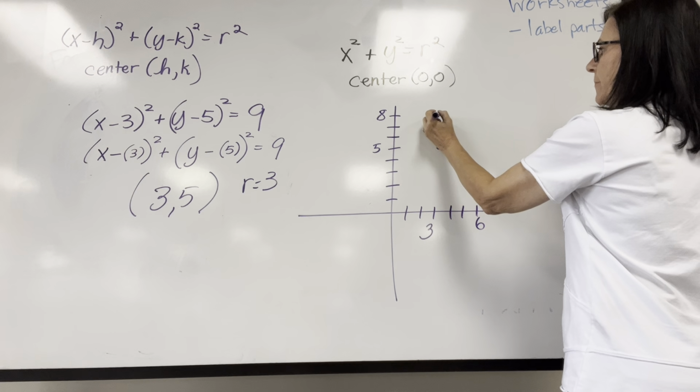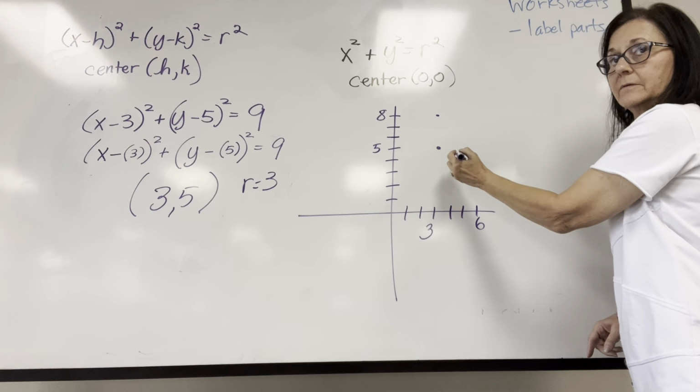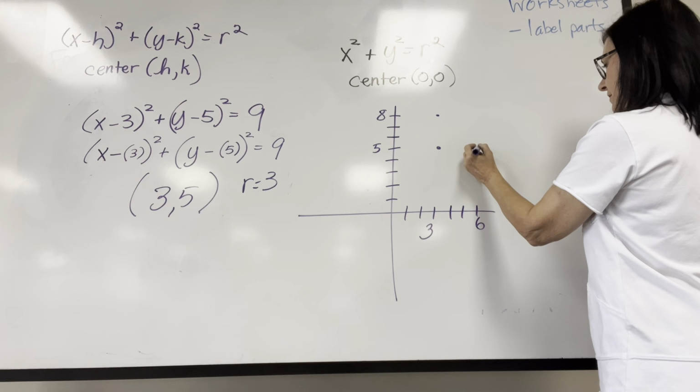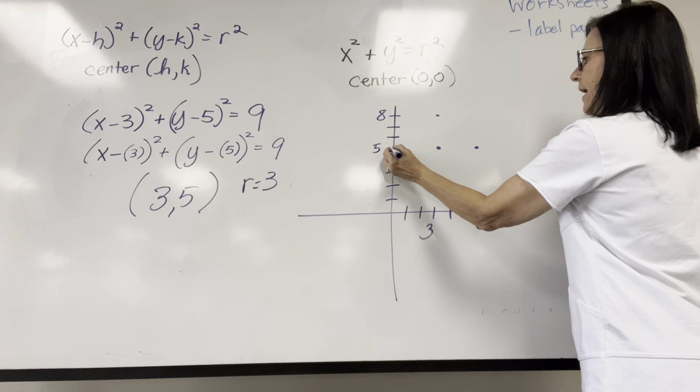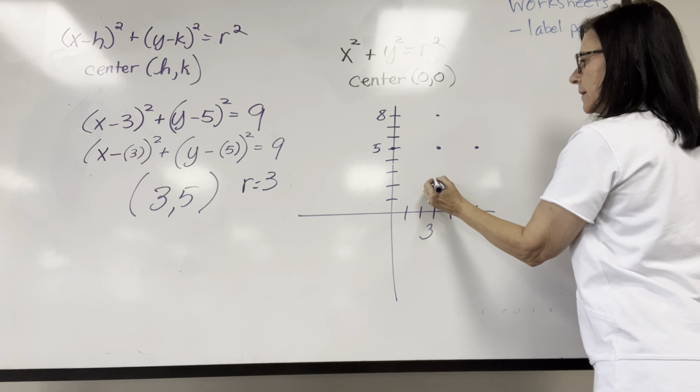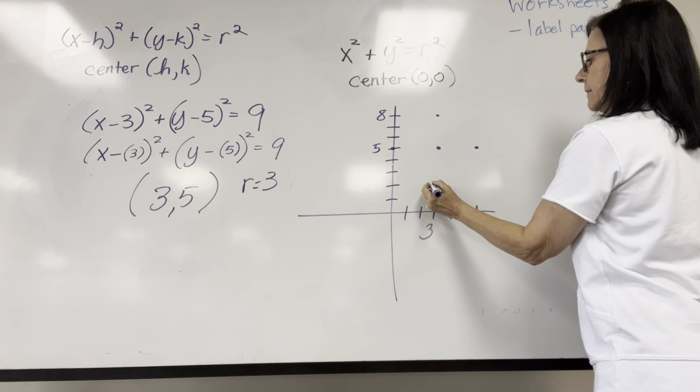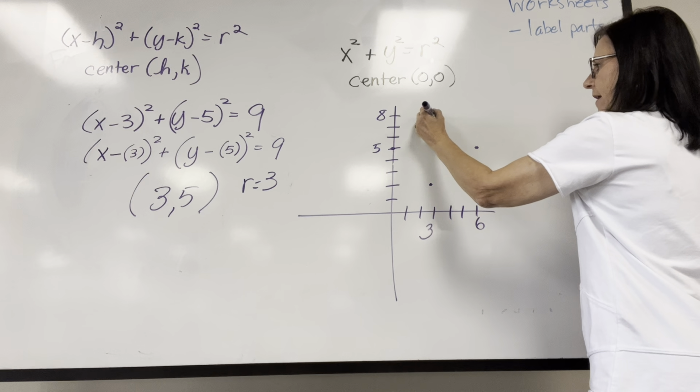I'm going to go up 3 from the center, left 3, right 3, and down 3. And then I can graph my circle.